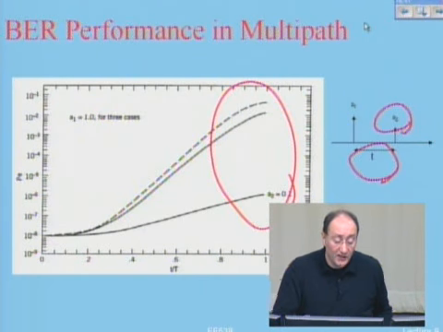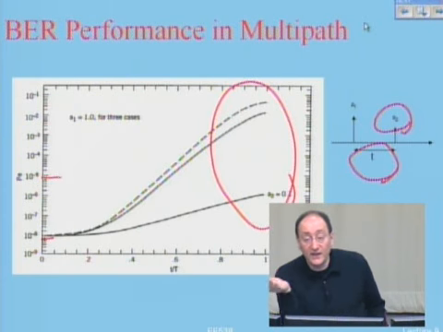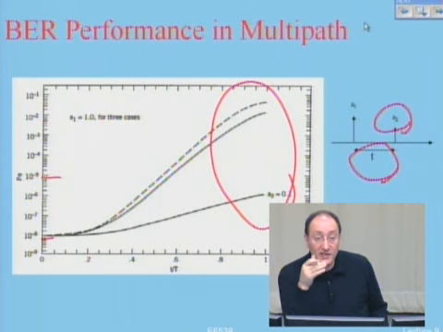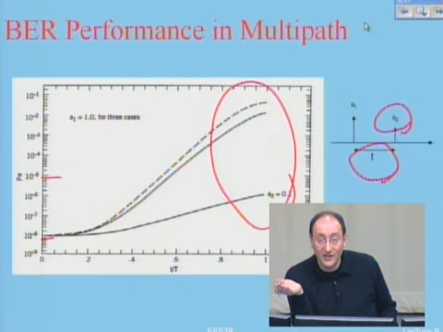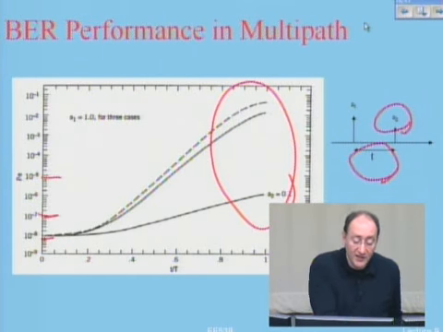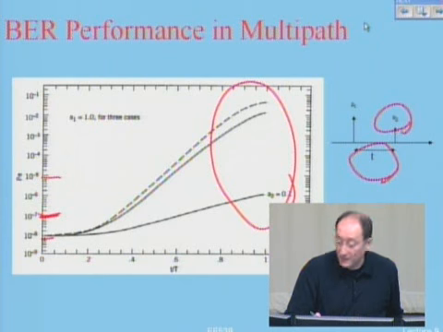If you remember, if I want to go from 10 to the minus 8 to, for example, 10 to the minus 5, in non-fading channels I have about 3 dB for each of them, and I have to compensate. In fading channels, it's a lot more. It's like 10 dB for any of these. So I have a lot of damaging effect because of the multipath.